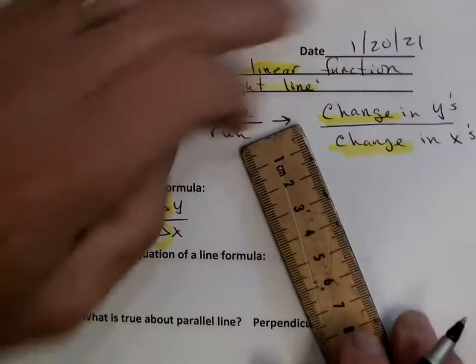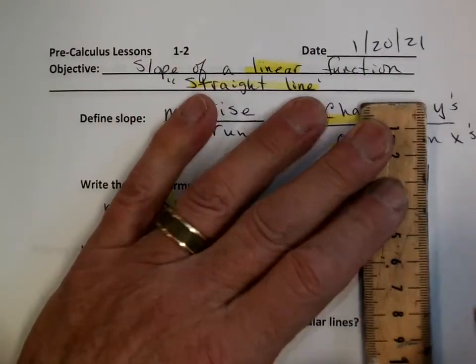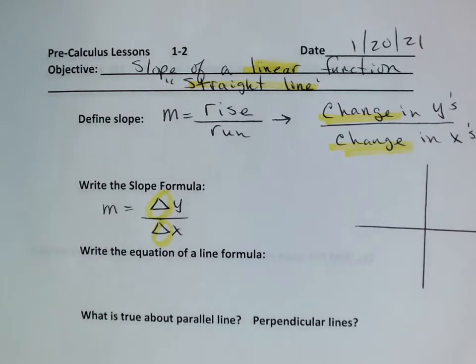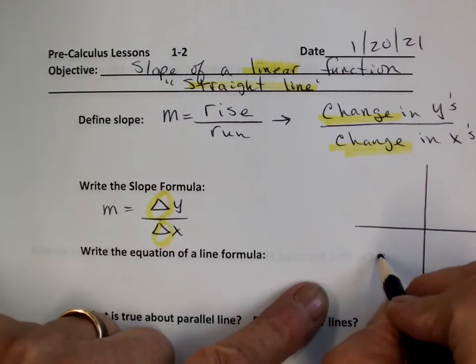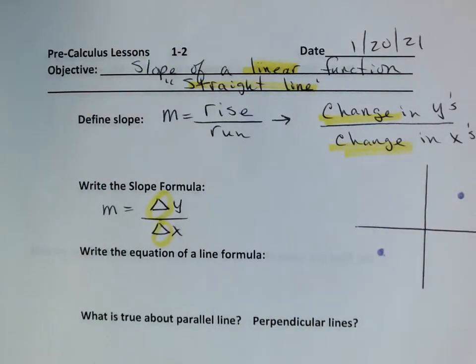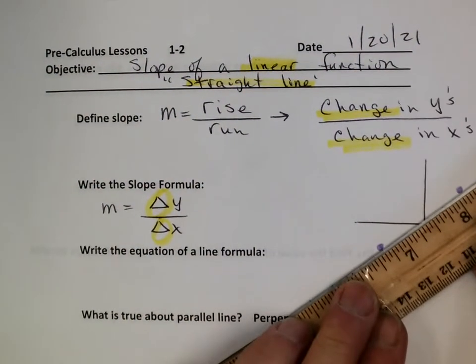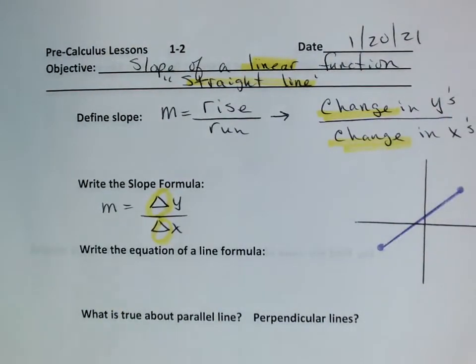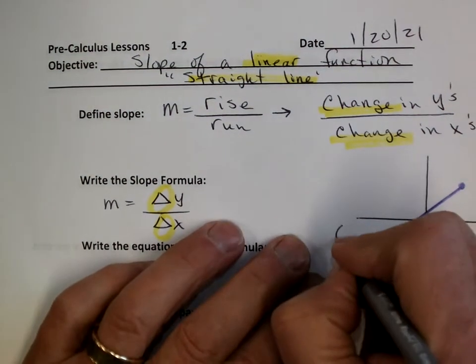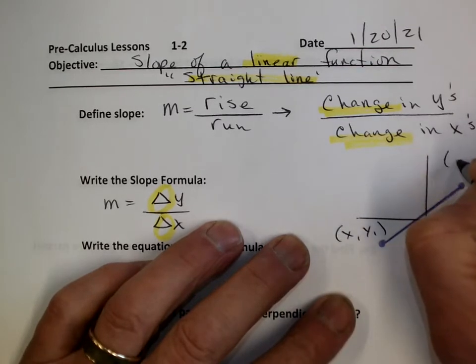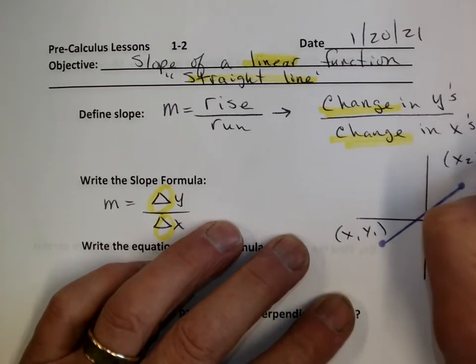So if I take a look at just a hypothetical graph, because if I need a formula, it's got to work for any point, correct? So let me put down a couple of points, okay? A formula's got to work for all points. So let's create a point, x1, y1, and x2, y2.